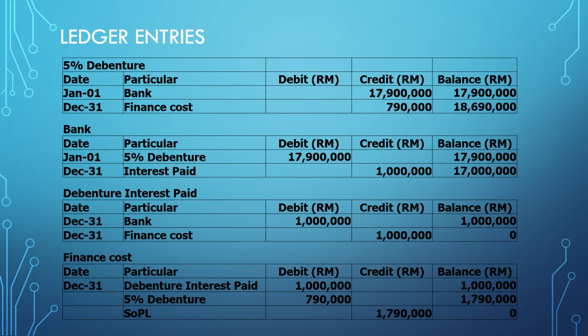So lastly, in the finance cost account, we will see that debenture interest paid 1 million is debited and the 5% debenture 790,000. And we need to credit the finance cost and then debit the SOPL later. So that is for now the video explaining the debenture issuance.